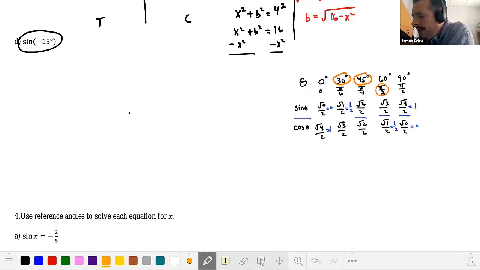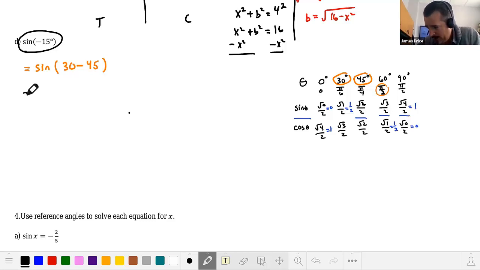So notice this is the same thing as sine of 30 minus 45 degrees, because 30 minus 45 is negative 15. And if I use that in the sense that that's the sine of the difference of two angles, I can use my formulas.